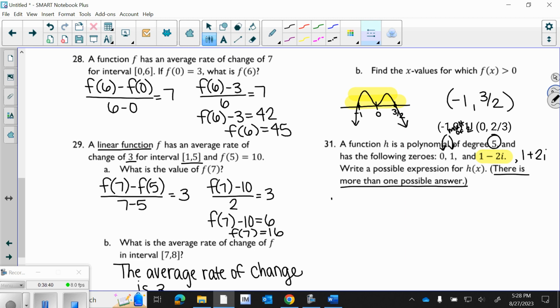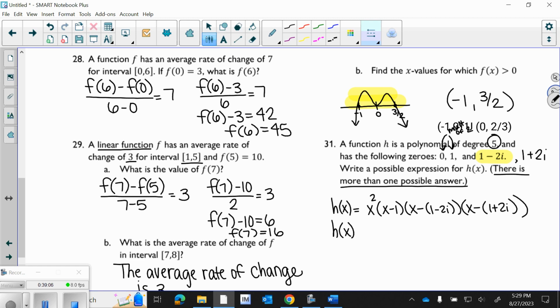So when you write this out, you could either write it, let's see, we could have x minus 1, x minus 1 minus 2i, and x minus 1 plus 2i. And I could make the x squared, and that would be correct.